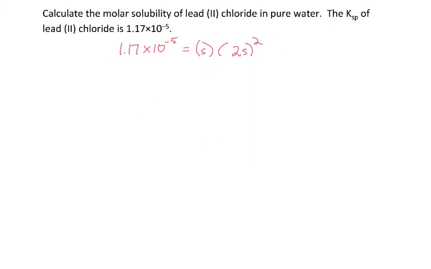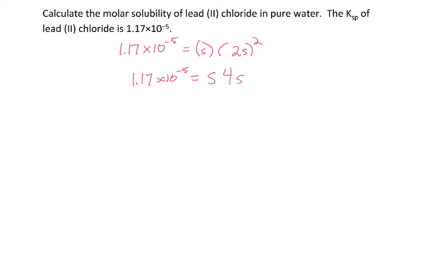Okay, I've rewritten the last thing that I've written here. I've got the equilibrium constant and the equilibrium values on the right-hand side. So to solve this out, 1.17 times 10 to the minus 5 is going to be S. When I square this, I have to square everything that's inside. So when I square the 2, I get a 4.